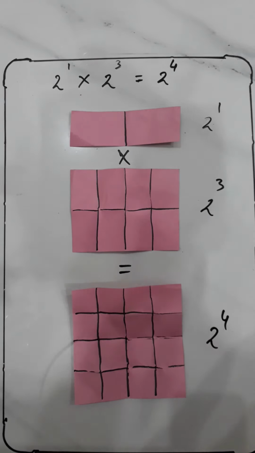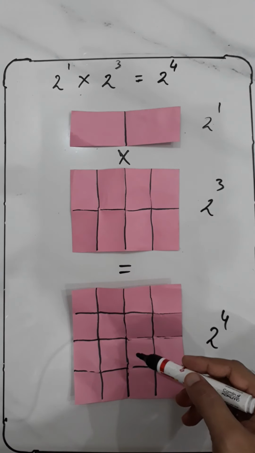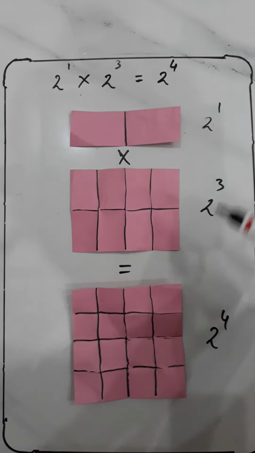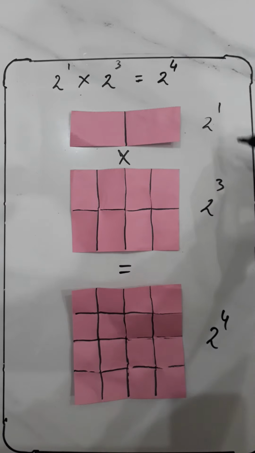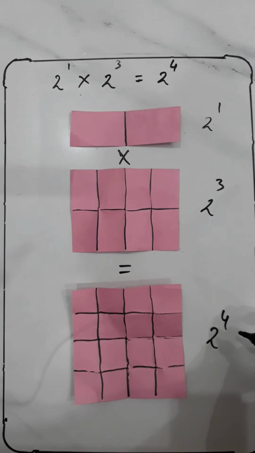Now see, 8 into 2 is equal to 16. And if you use the laws of exponents, you clearly find that 1 plus 3 is equal to 4. In this way you can easily perform this practical. I hope it is clear to everyone.